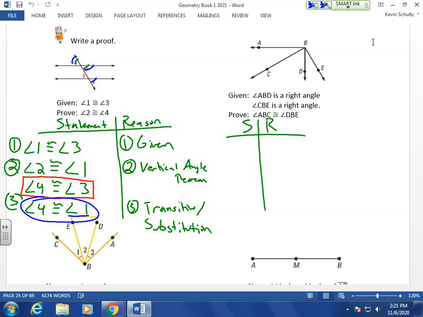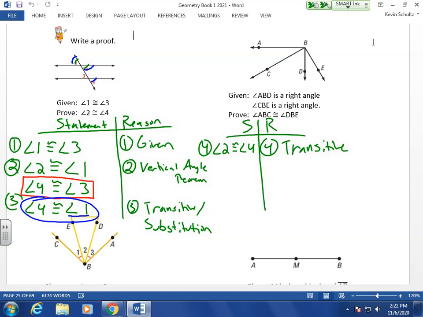And the reason why I can say that in step 4, that angle 2 is congruent to angle 4 is because of the... I formed a relationship here between 3 things, right? 1, 2, and 4, transitive property. The transitive property is a good one to know, because it's one that you will use often.